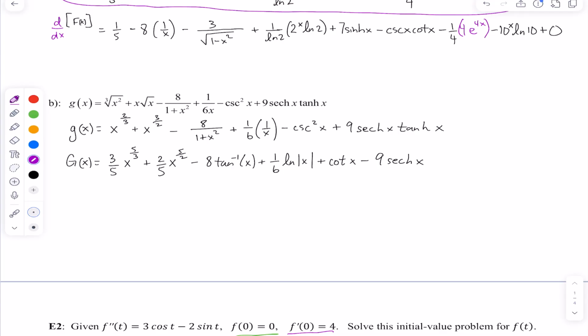And we'll check our answer by differentiation. We're going to differentiate capital G of x with respect to x. And we're trying to match our lowercase g of x.